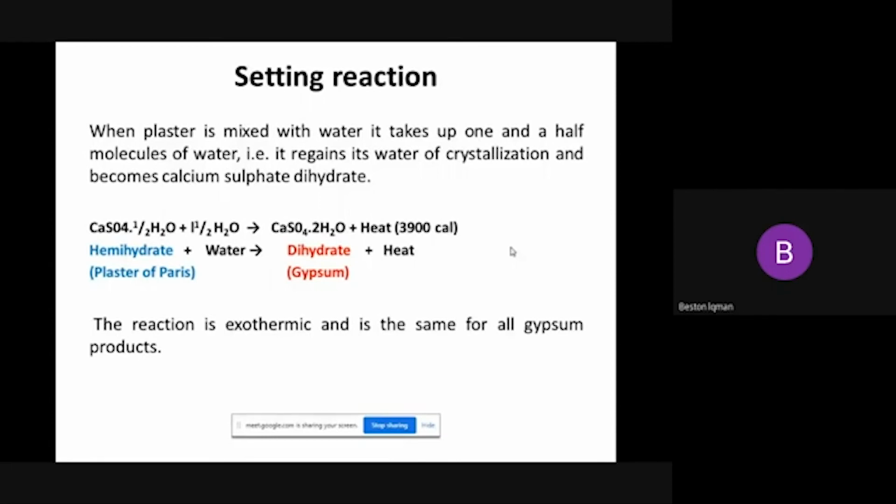That means it's an exothermic reaction. It releases the temperature outside.